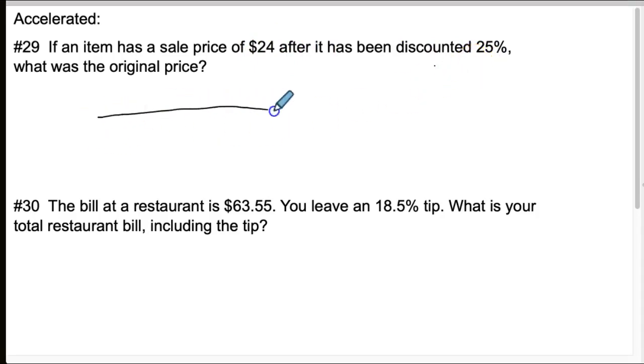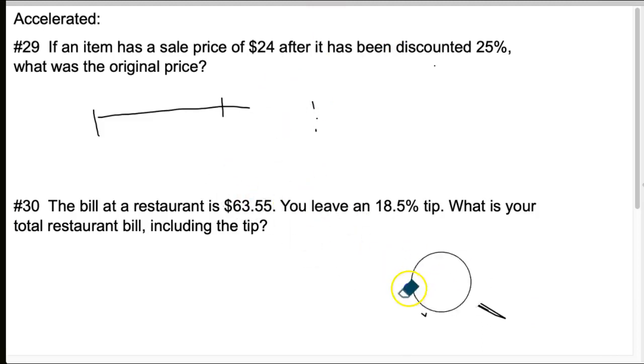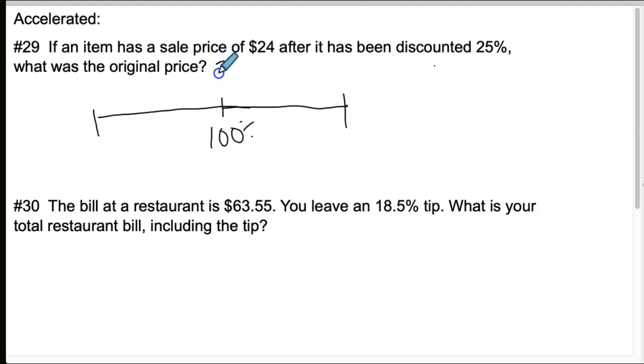So if I were to draw a line at 100%, we don't know what the original price was, but we know it has been discounted.